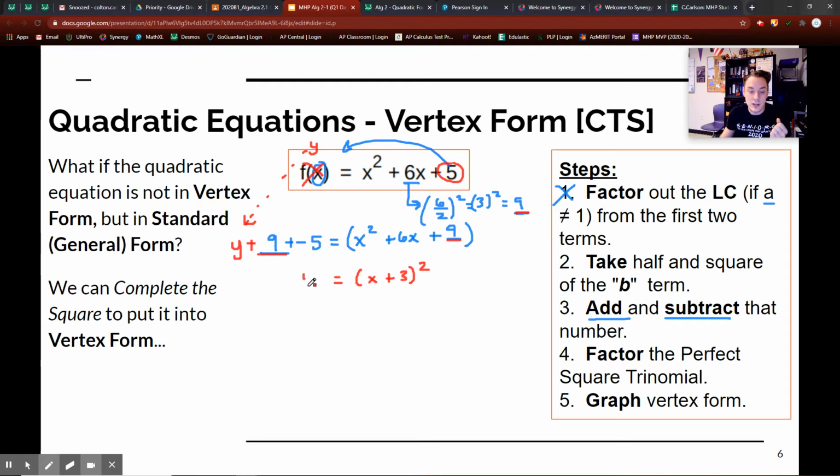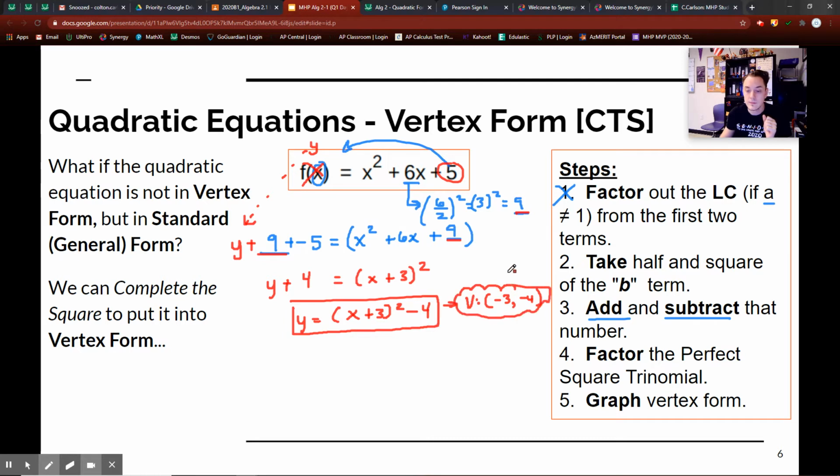And then this right here is just 4, y plus 4. I can subtract the 4 over, and this would, of course, be x plus 3 squared minus 4. This would be my vertex form, which then I can find my vertex. So this is -3, -4. That's my vertex. Hallelujah. Okay?